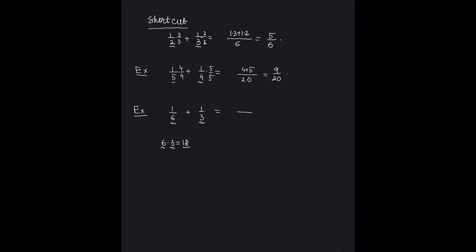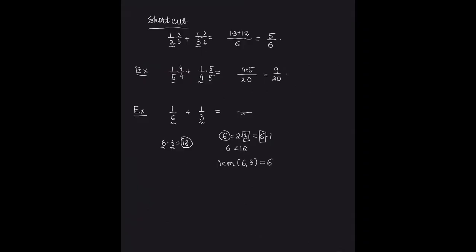However, if we write 6, 6 is 2 times 3, and it's also 6 times 1. So 6 has a 6 as a factor, and it has a 3 as a factor. And 6 is smaller than 18. So actually, the least common multiple of 6 and 3 is not 18, it is 6.